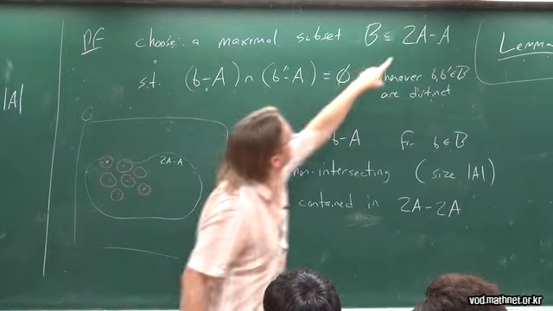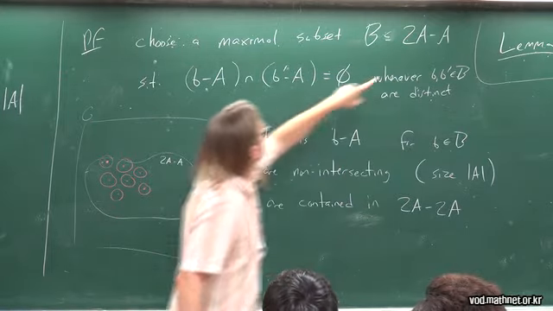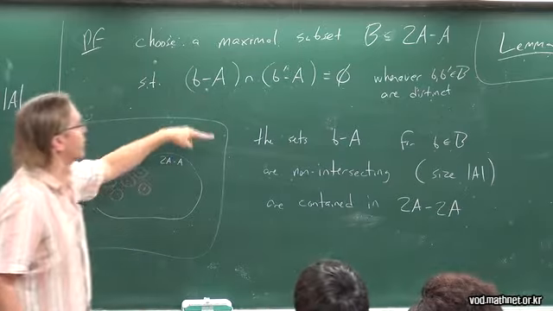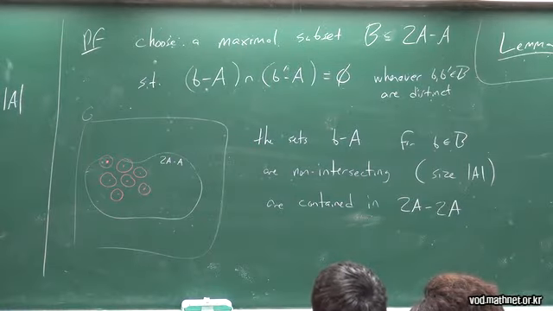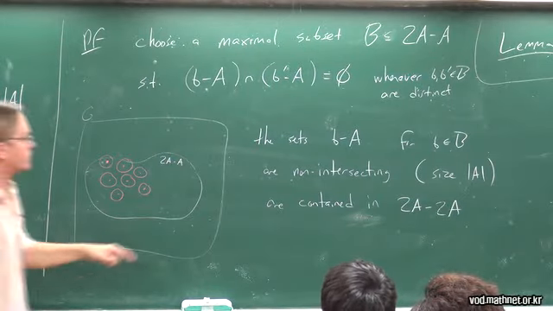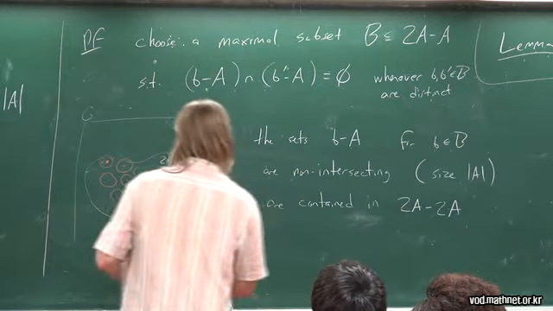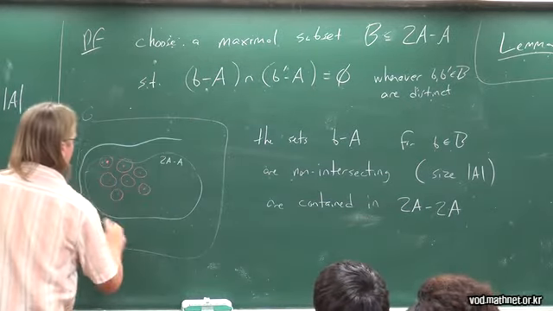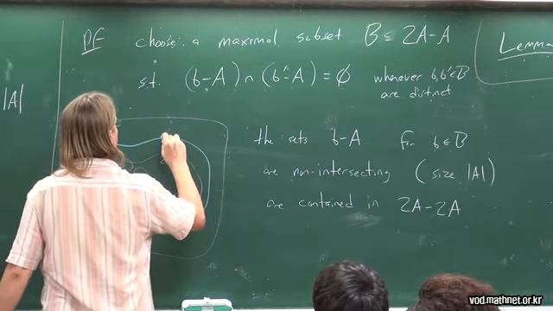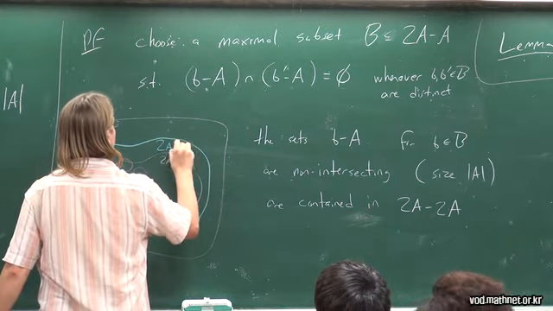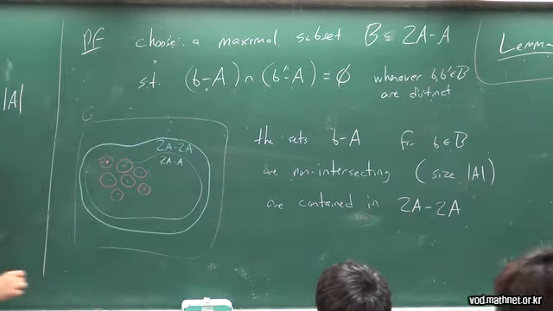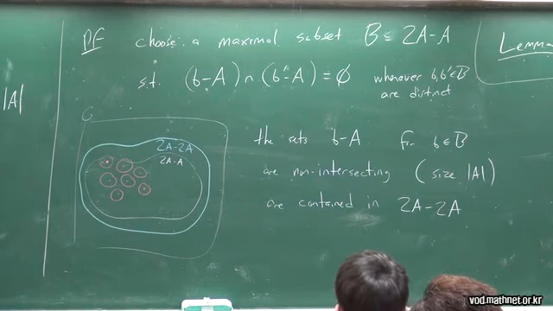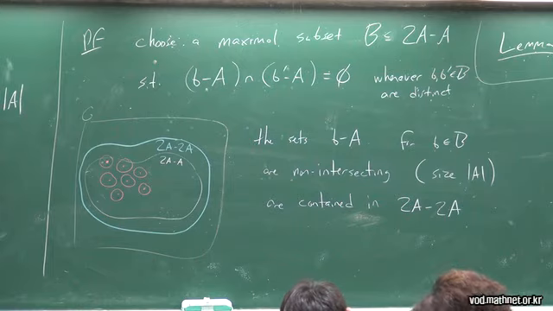The elements of B were chosen to be in 2A minus A. If you take anything in B and subtract something in A, you're still going to be sitting in the set 2A minus 2A.